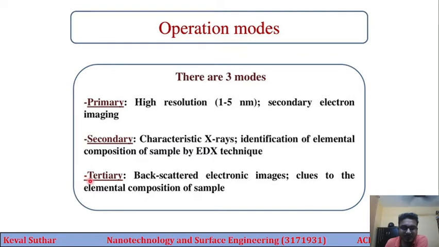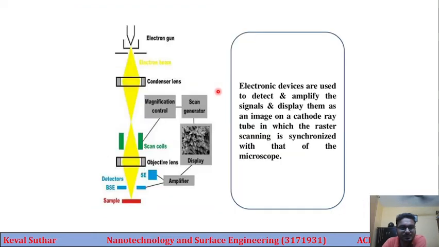The third one is tertiary mode, that is backscattered electron images and clues to the elemental composition of the sample. So these are the three operational modes: primary, secondary and tertiary.